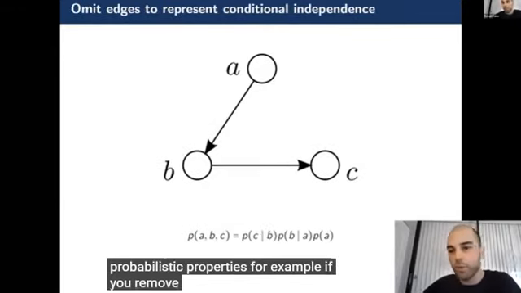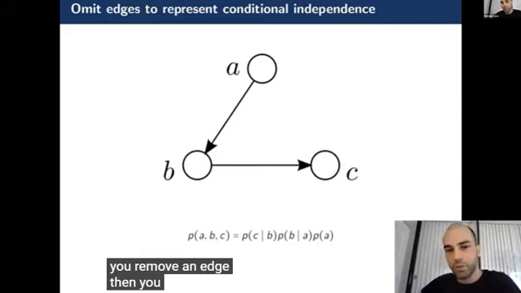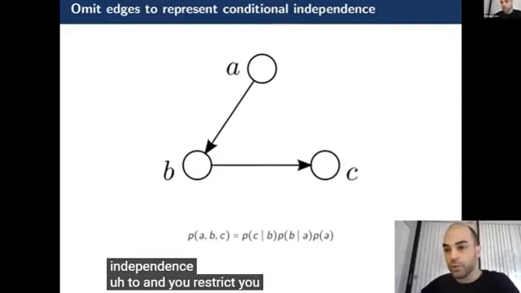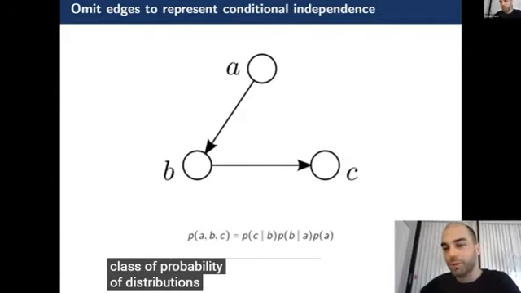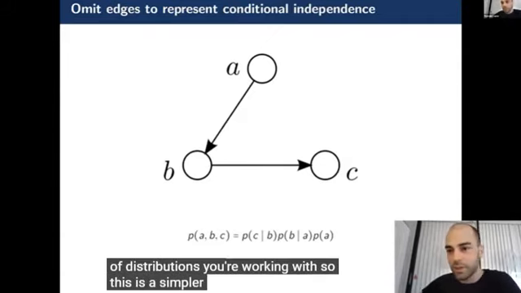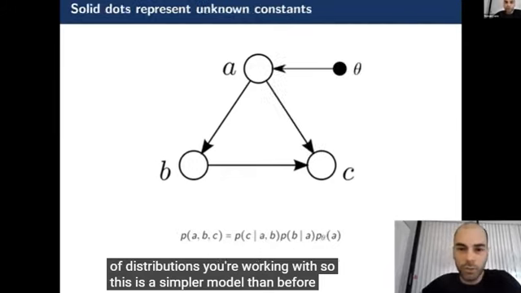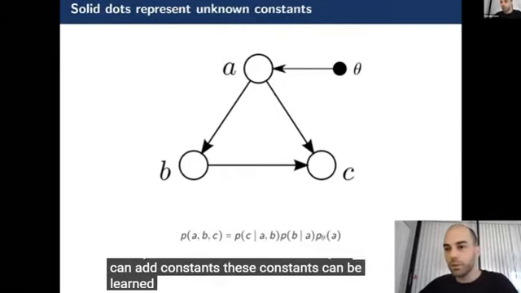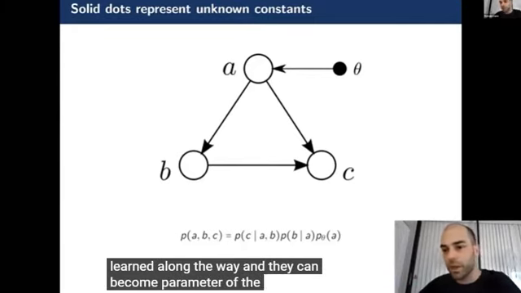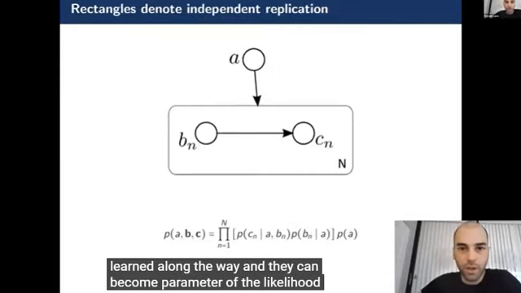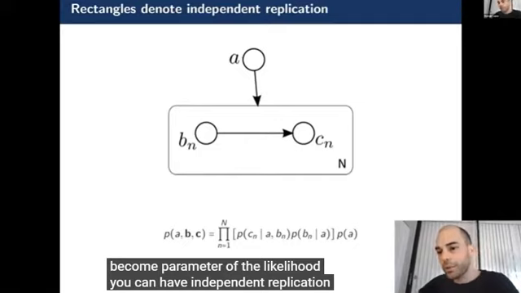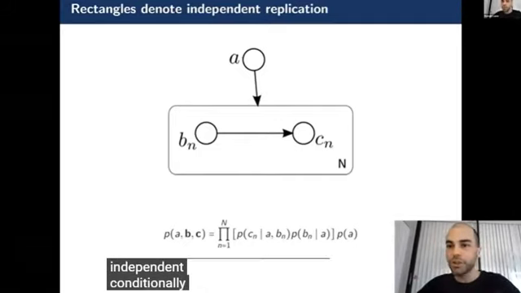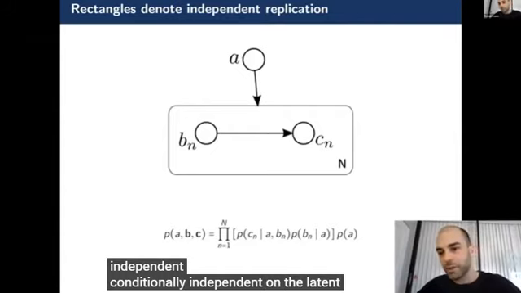For example, if you remove an edge, then you add in conditional independence and you restrict the class of distributions you're working with. So this is a simpler model than before. What you can do as well is, of course, add constants. These constants can be learned along the way, and they can become parameters of the likelihood. You can have independent replication. So in scVI, for example, all the genes are conditionally independent given the latent space.